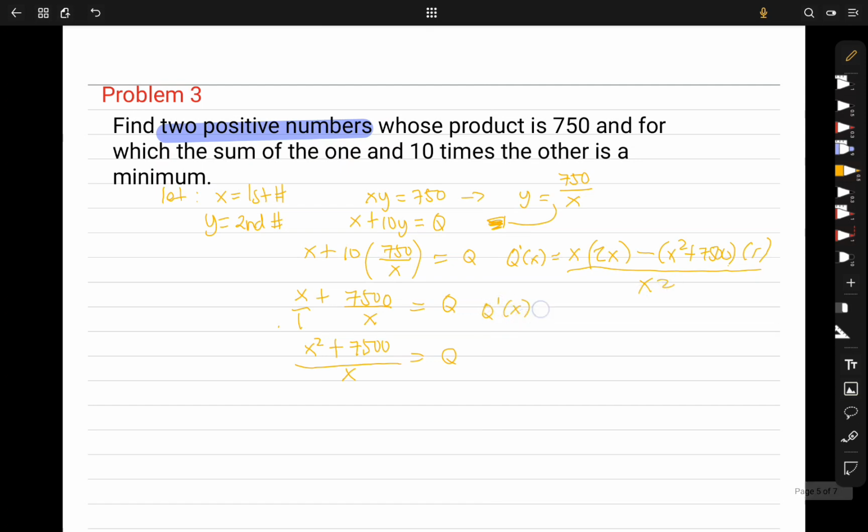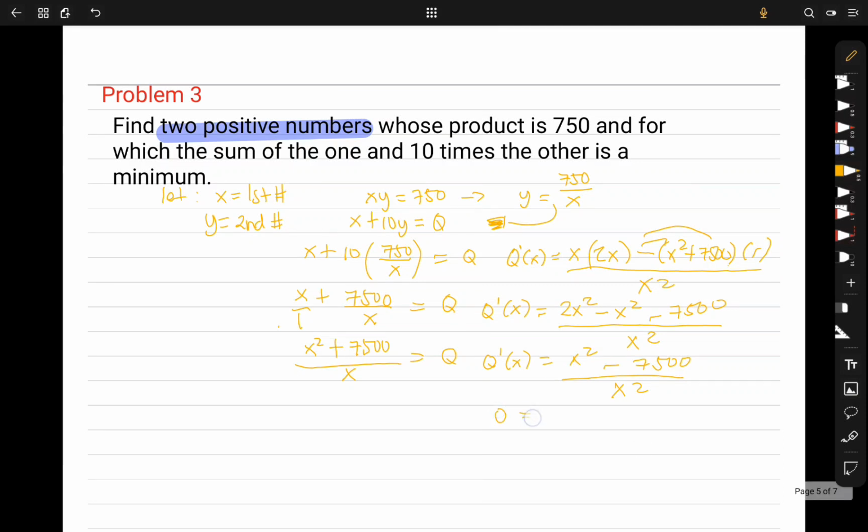So q prime of x is equal to 2x squared minus x squared, distribute, minus 7,500, all over x squared. So q prime of x will be x squared minus 7,500 all over x squared. Then after we differentiate, we equate it to 0.